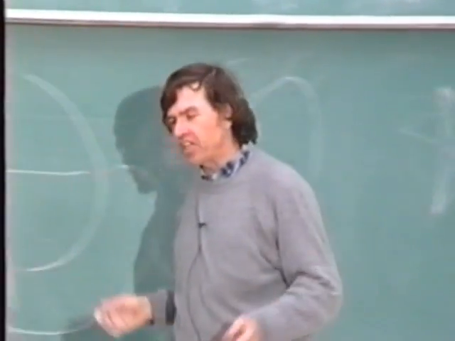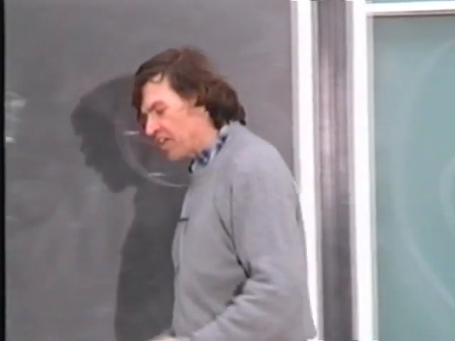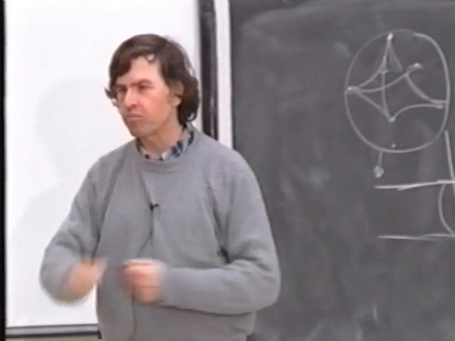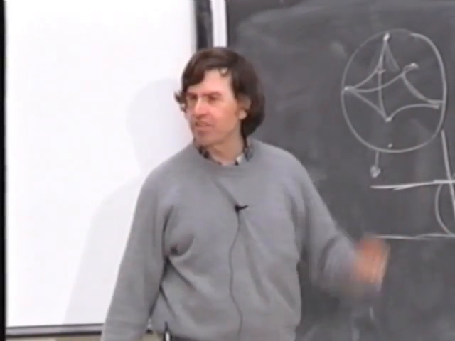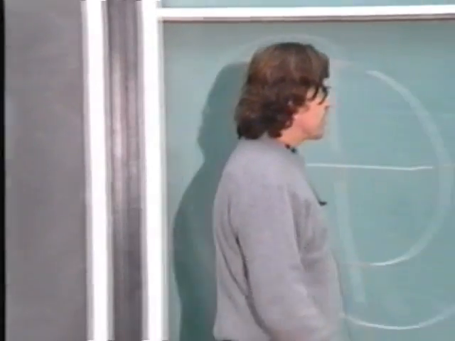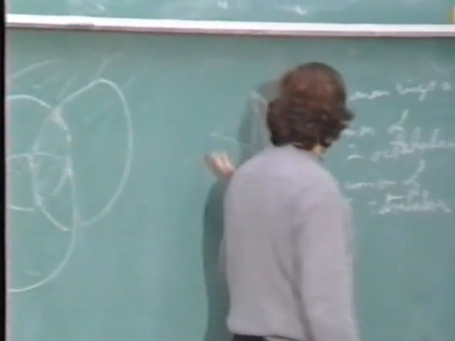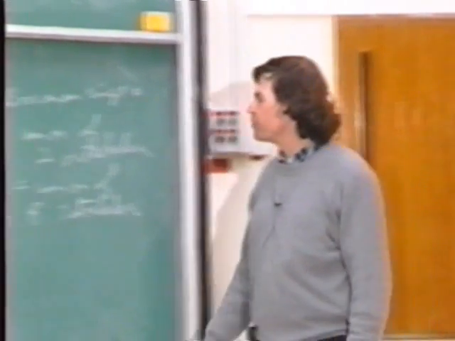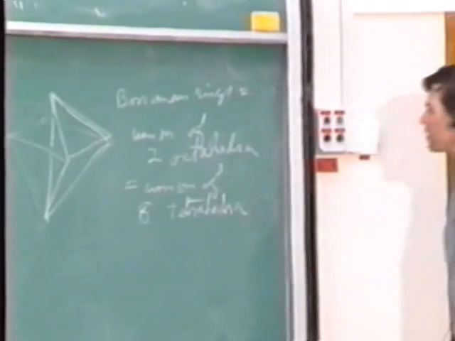So for each tetrahedron, you have a complex variable. For each edge, you have a very simple equation that a product of complex numbers equals 1. And those are precisely the equations to get a hyperbolic structure on this link complement.